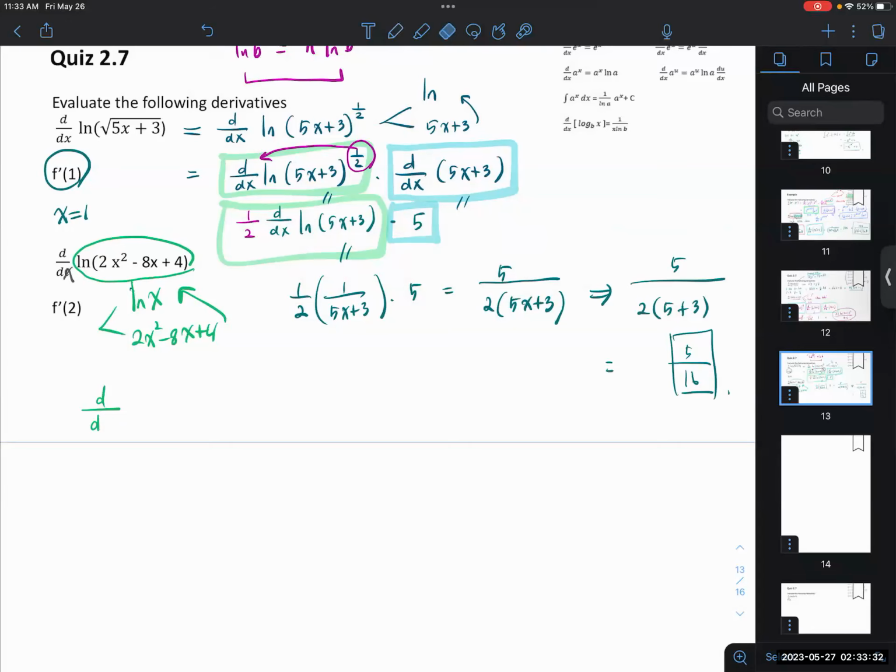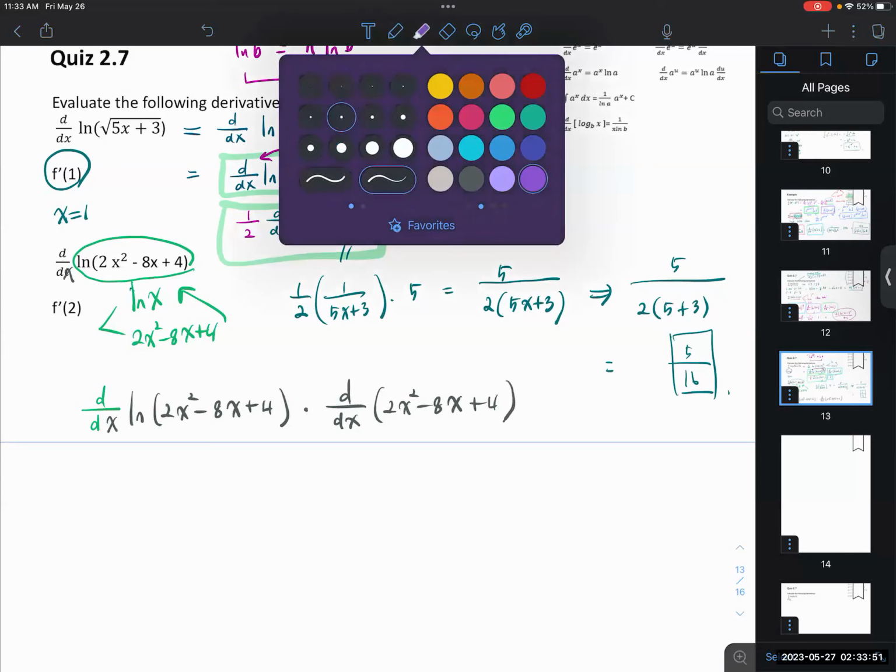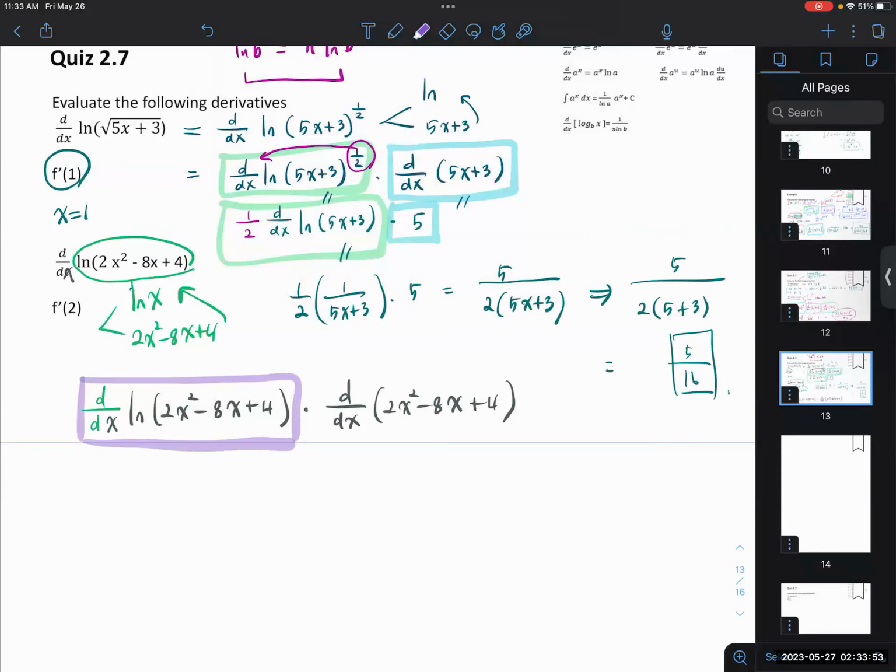So my bad. So d over dx, outside, ln (2x squared minus 8x plus 4), inside, 2x squared minus 8x plus 4. So as you know, this is outside, this is inside derivative.